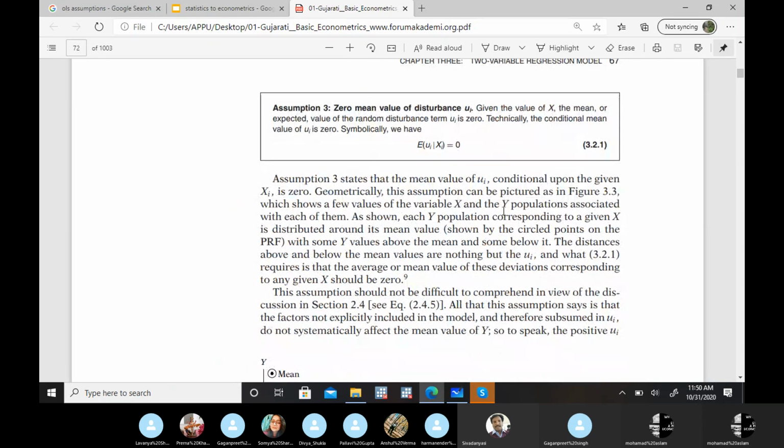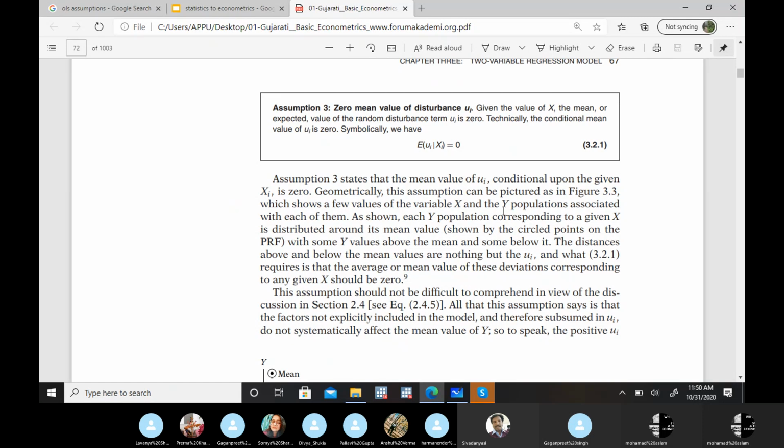I also gave two examples in the very beginning: if you apply an OLS model, then in the end you will find the summation of u hat is approximately zero, and if you take its average, dividing by n, again it's going to be zero.